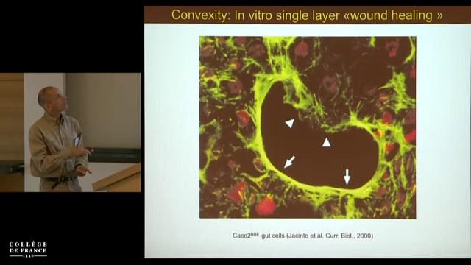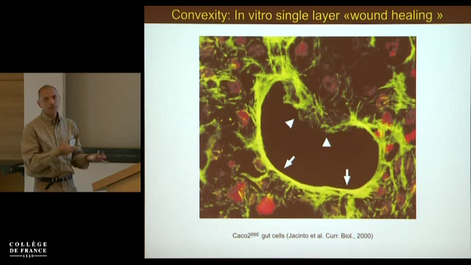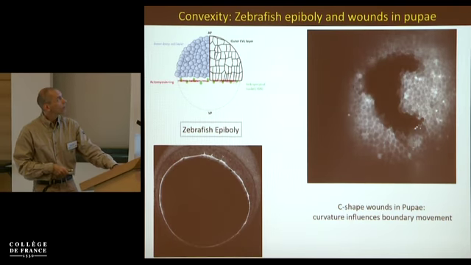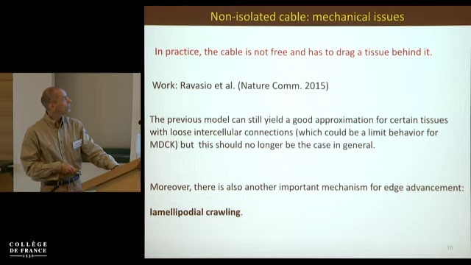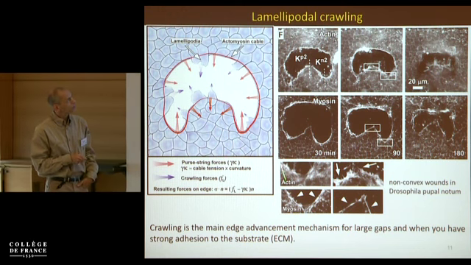While here, the cable pulls you in the right direction. In this part here, the lamellipodia pull you in the right direction. A cable, as I had told you, would pull you in the bad direction, so you would have interest in not putting it here. So you also have this lamellipodal crawling, and that's what we're seeing here.